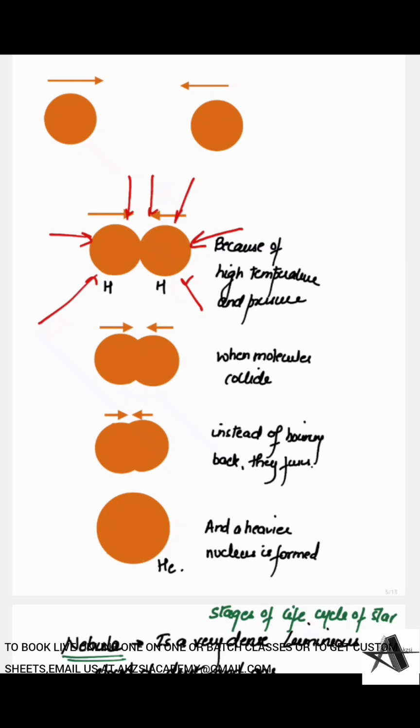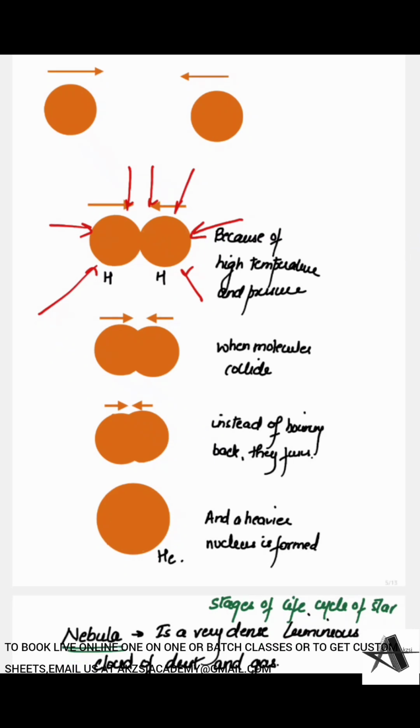They are at such a very high temperature that they just fuse together. Just like if two things at a high temperature and pressure start to melt and form one thing, similarly they fuse and become one heavy nucleus of helium when hydrogen fuses together. Well, it depends on different types of fusions, but that's the main process.